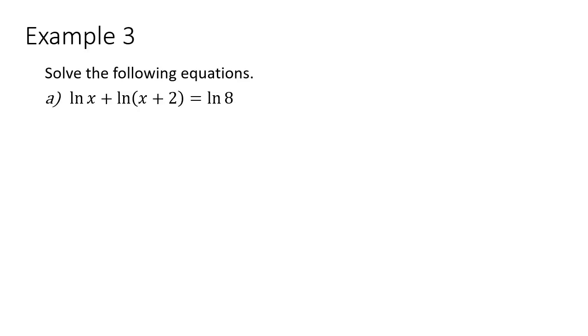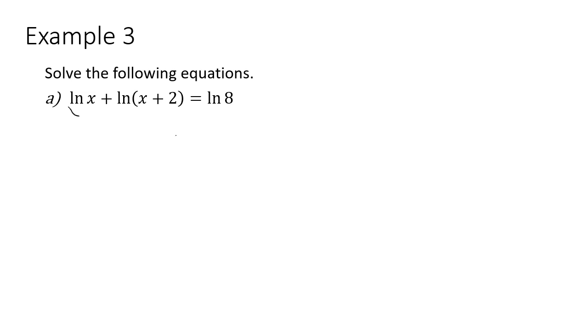So to start things off, we want to solve the equation natural log of x plus natural log of x plus 2 is equal to the natural log of 8. Again, you cannot just drop all 3 of these natural logs. Very common mistake. It does not work. You have to get a single logarithm on both sides of the equation. And that's why we talked about those properties in section 4.3.